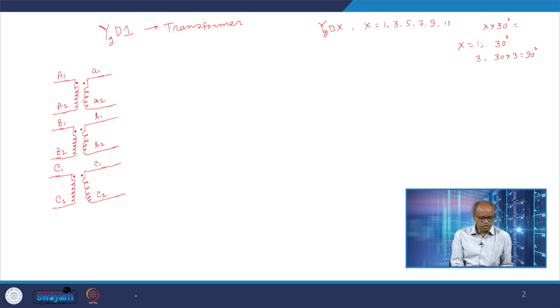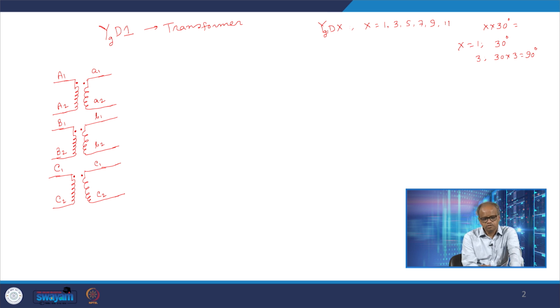As of now we have not made any connection, we have just taken the primitive transformers, individual three single phase transformers, and we have not made any connection of the windings.